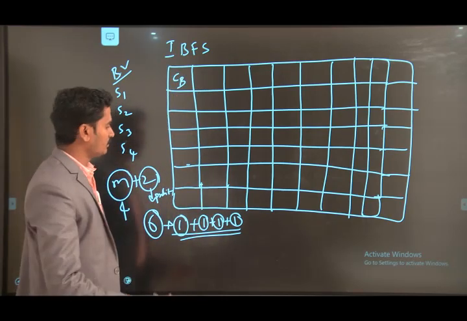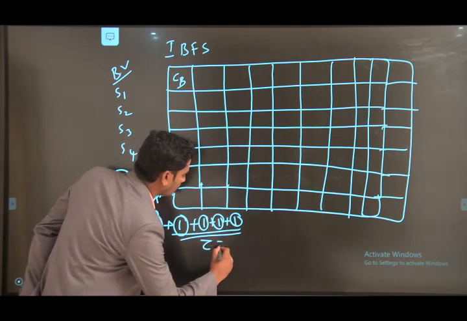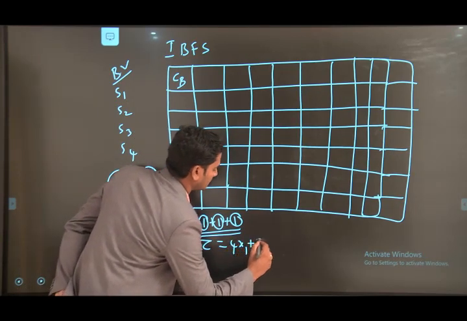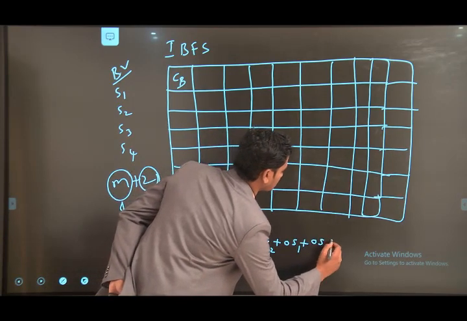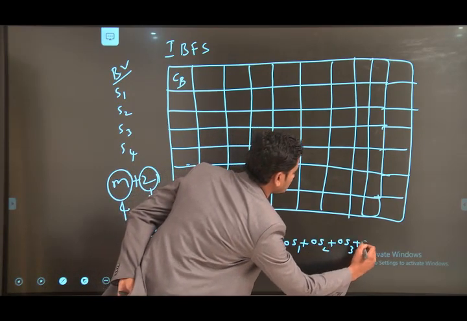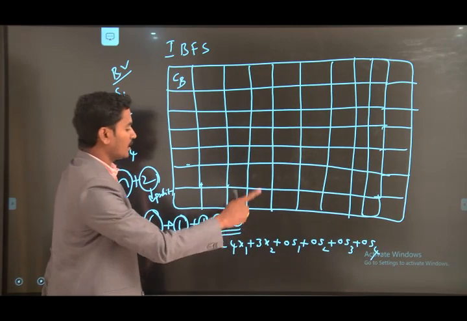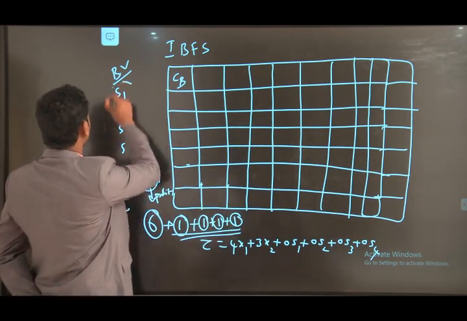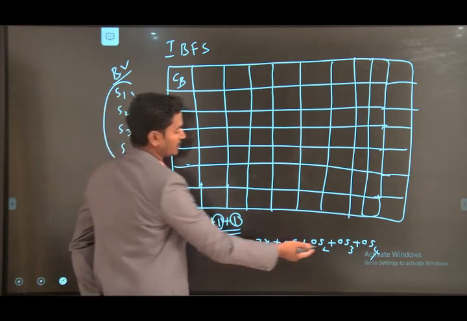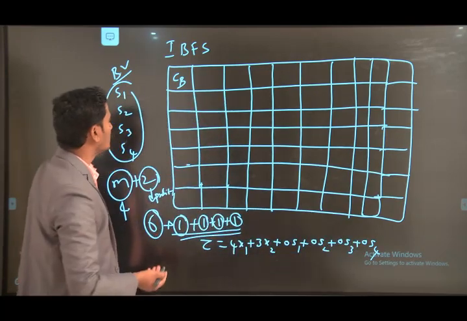In the objective function we have 4x1 plus 3x2 plus 0s1 plus 0s2 plus 0s3 plus 0s4. These are the contribution values of variables. We have 4 basic variables, so those 4 contribution values we take from this objective function.